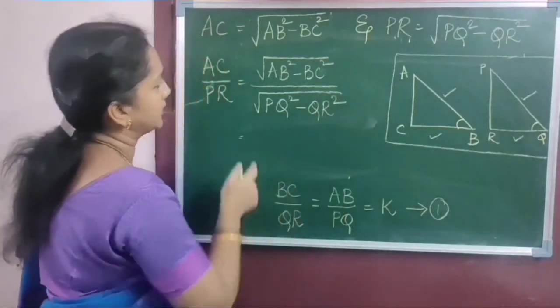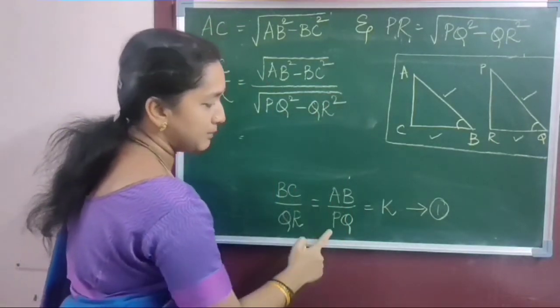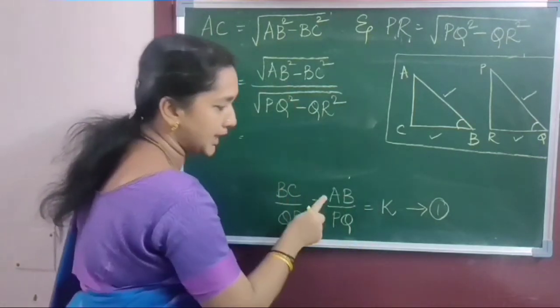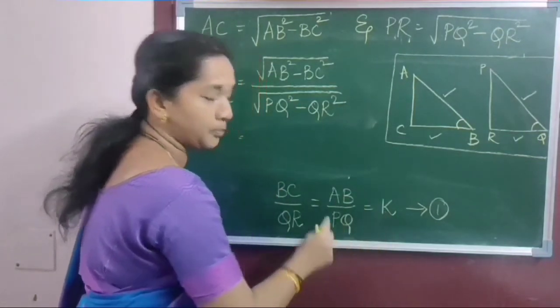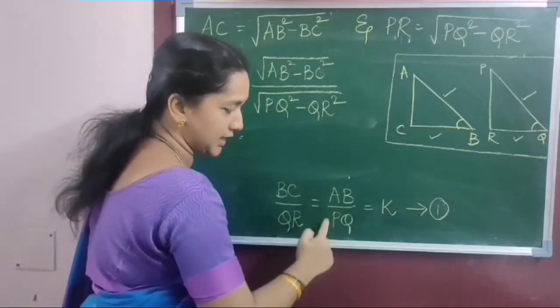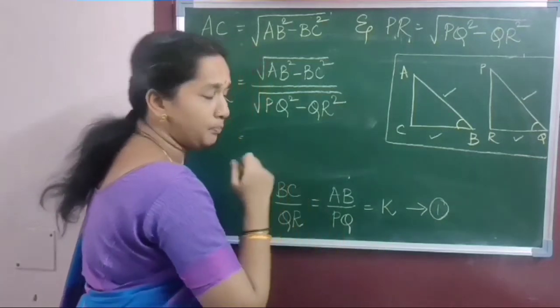Now what we got here: AB by PQ is equal to K. So now I am replacing AB as K into PQ. Here AB is equal to K into PQ.